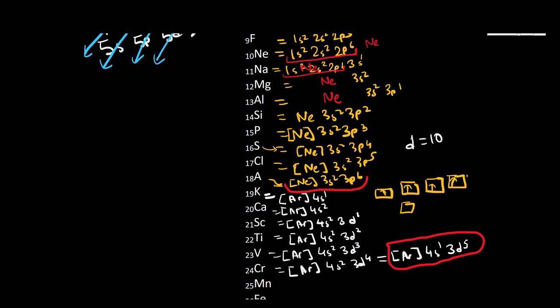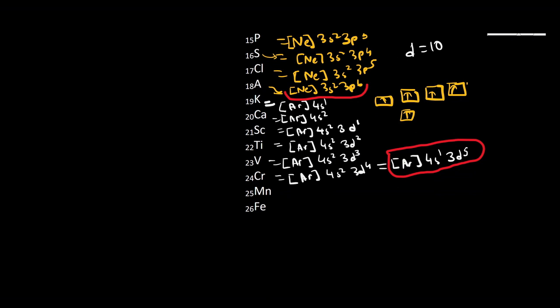Now the thing with orbitals is that they like to be fully filled or half filled. Now what's happening here? If we could have one more electron here, it becomes more stable, and that's what these orbitals want. They want to be more stable. So what happens is that they say to the s orbital, yo, give me 1, and that's what happens. So they come here from s, and so this one becomes s1, and this one becomes 3d5. And this is the same for all these transition elements from group 5 to 10. This is where this exception happens.